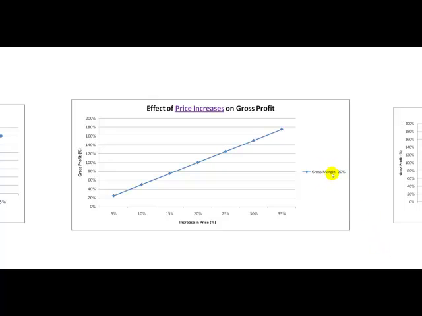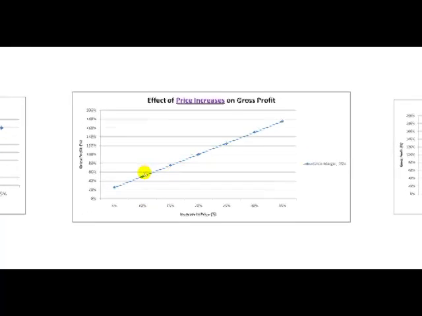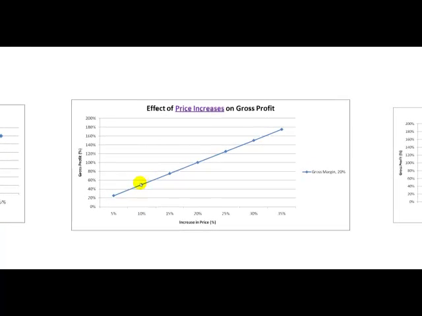All right, and you increase your prices by just 10%. Okay, increase of 10% in fees. Guess what happens to your gross profit? Yep, it increases by 50%. So let's say you increase your fees by 20%. That increases your gross profit by 100%.